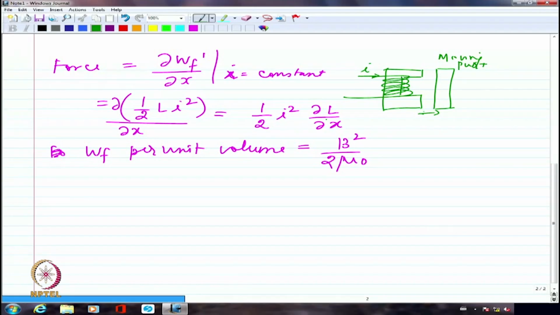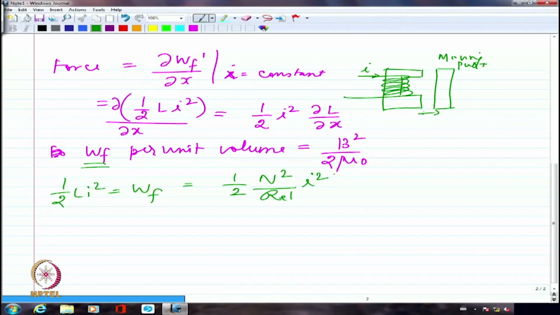So if we look at the original value of Wf, whatever we derived before, or we can derive it again, half L i square, that's what we said as the Wf value. I should be able to write this as half, L being after all N square by reluctance. I'm writing reluctance as REL so that I don't confuse it with resistance, multiplied by I square.